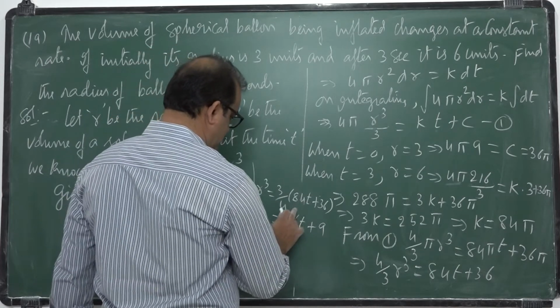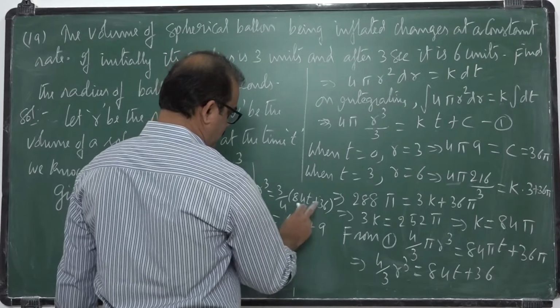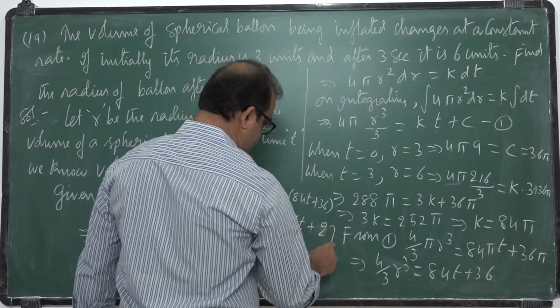Here see, 21 times 21 into 3 is 63, 4 9 into 3 is 27. This is 27.